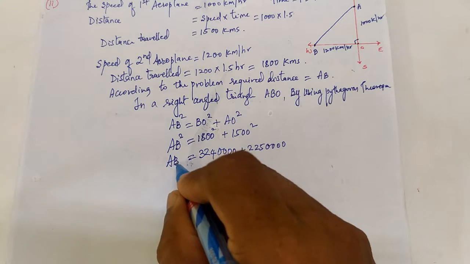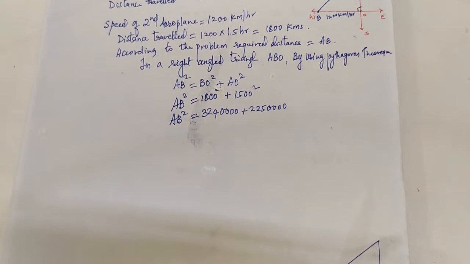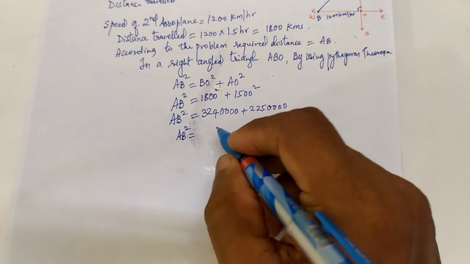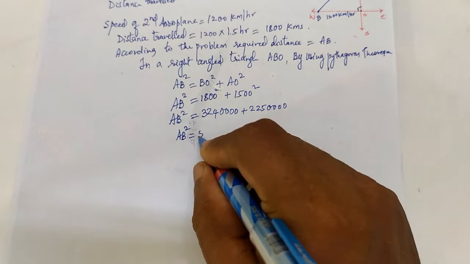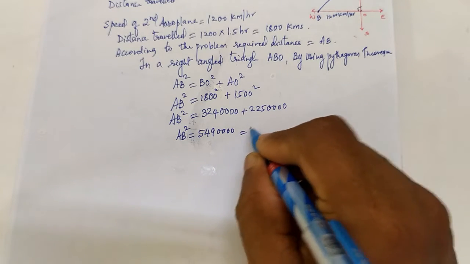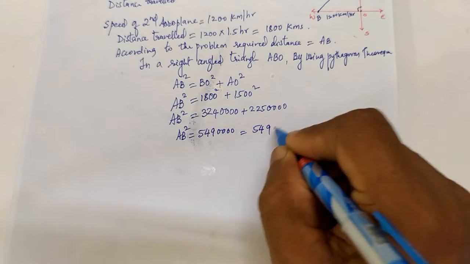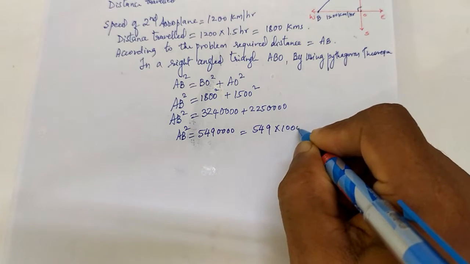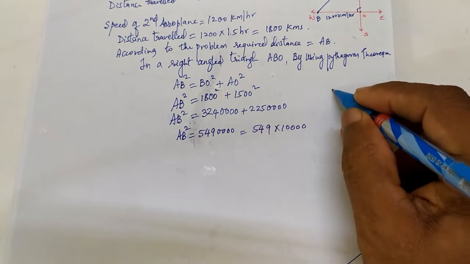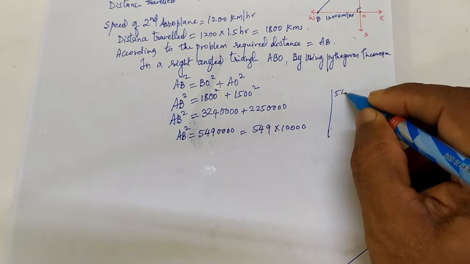So AB square, the distance that is required, if you add both the things, will be 549 and these 4 zeros. That is 549 into 10,000. Why 10,000? It is 100 into 100, and we'll find out the factors.